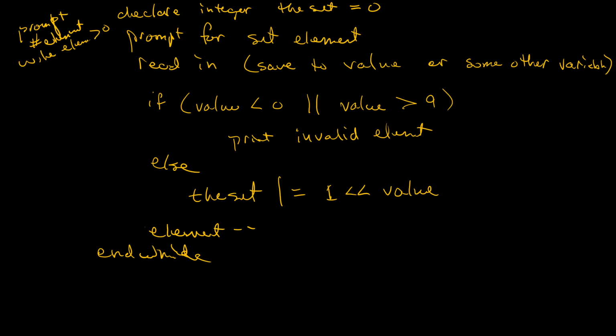For printing, I just have a loop that goes from 0 to 1. I do another while loop, and I use my loop control variable. I'll shift 1 by 0. If it's a 1, I print that element 0 is in my set. If I is 1, and I shift, and I do the AND and it's not 0, then I say element 1 is in my set, and I just loop that way to print out which elements are in the set.